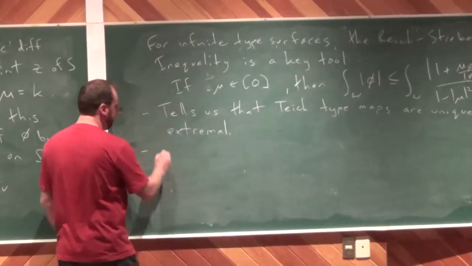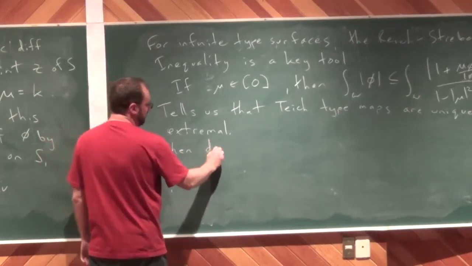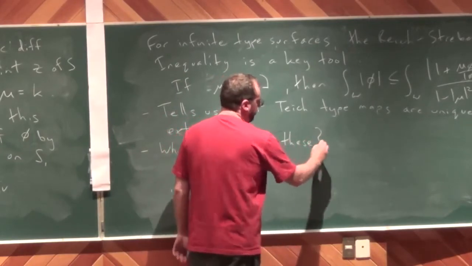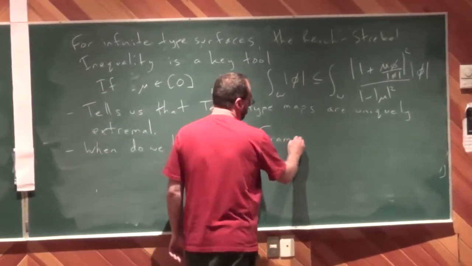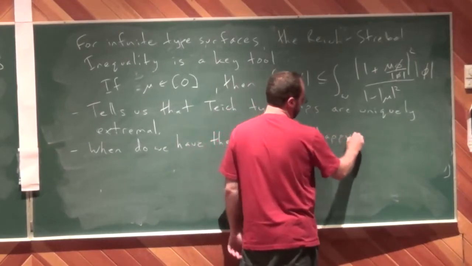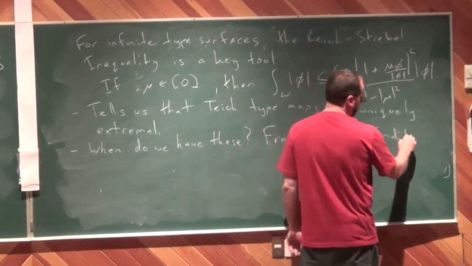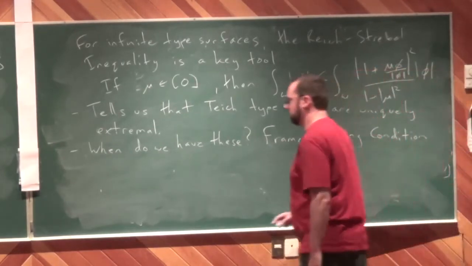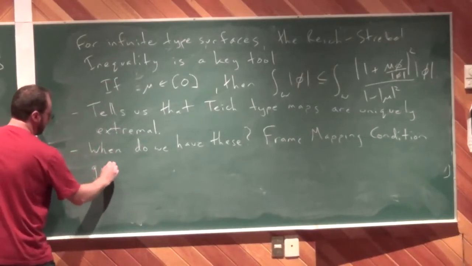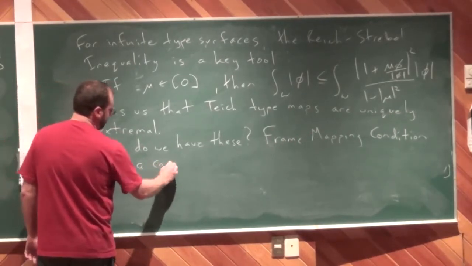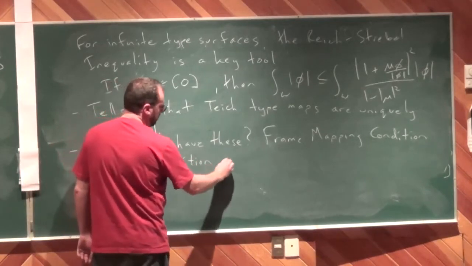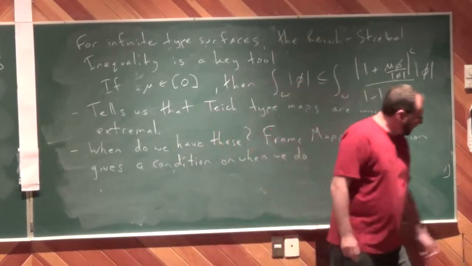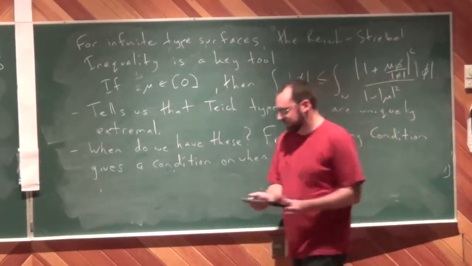Okay, when do we have Teichmüller type maps? Well, the Strebel framing condition tells us when. Okay, so I'll write this down.